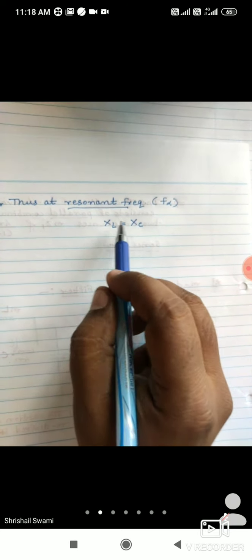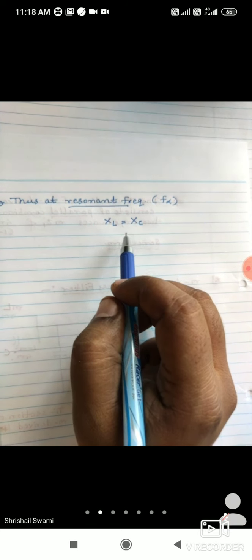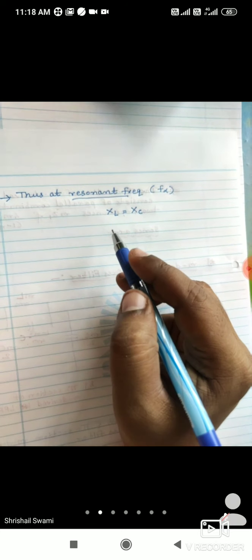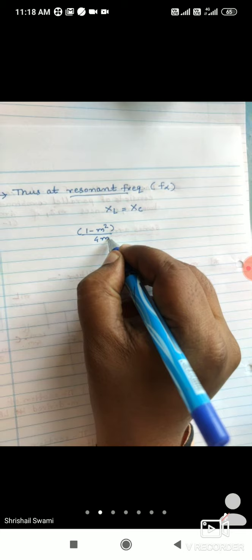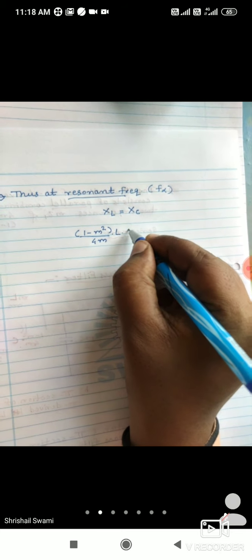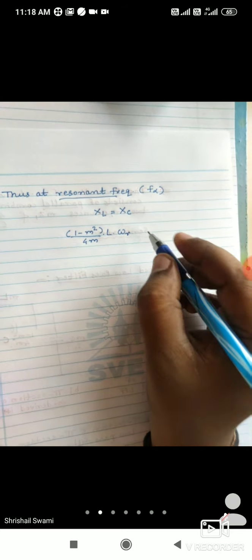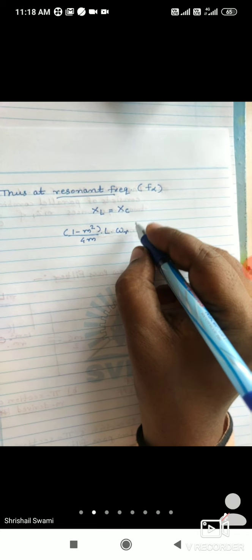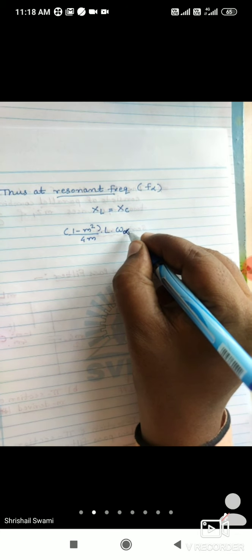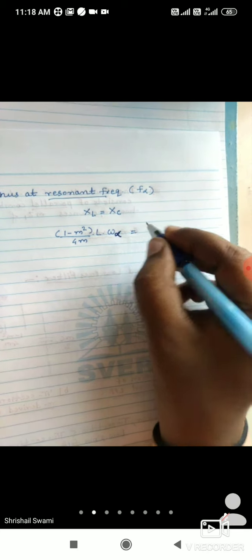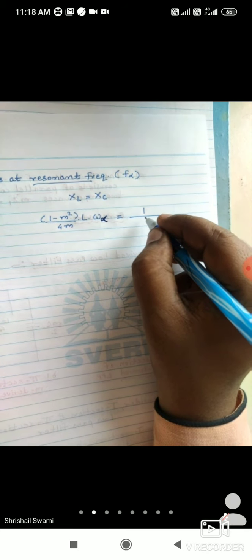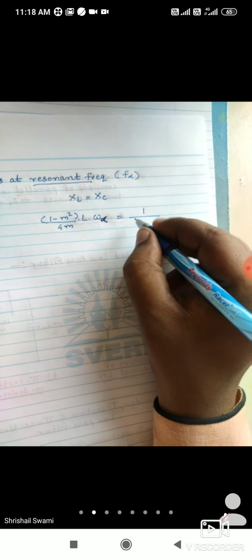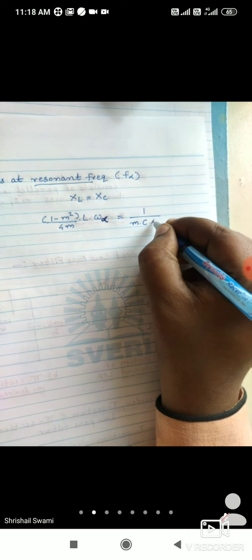So we are talking about the series combination in the shunt arm. XL is replaced by (1 minus m square) divided by 4m into L into omega R. Call it omega R or omega alpha, omega alpha is equal to, so XC is 1 upon m into C into omega alpha.